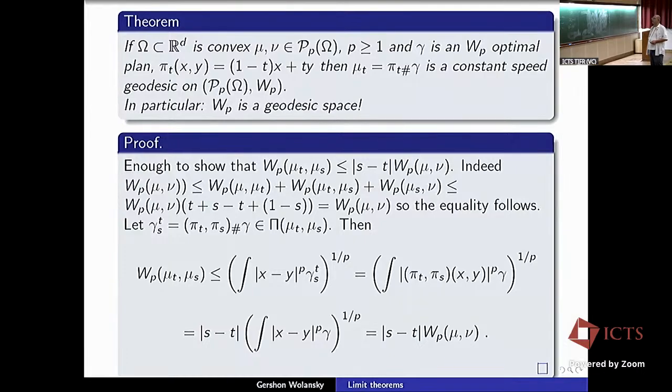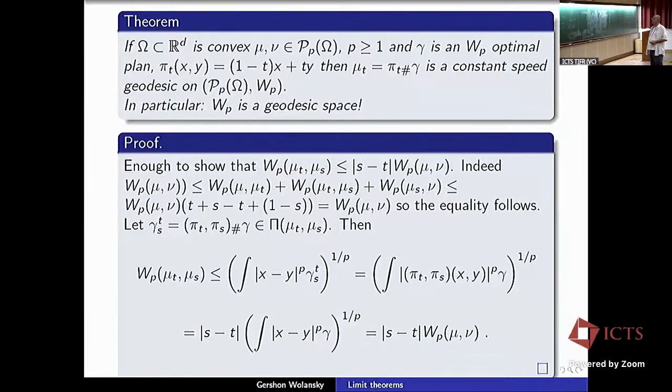But by definition of gamma st, we can replace it by the integral with respect to gamma, putting pi t and pi s acting on x and y. So this is just pi t of x, y minus pi s of x, y, which is s minus t times the absolute value of x minus y, right?